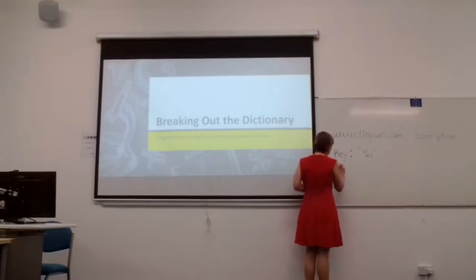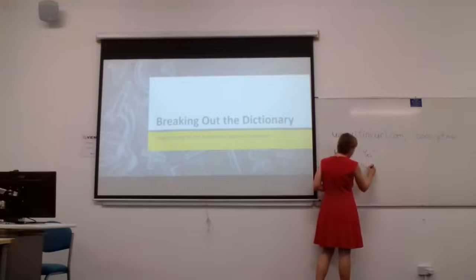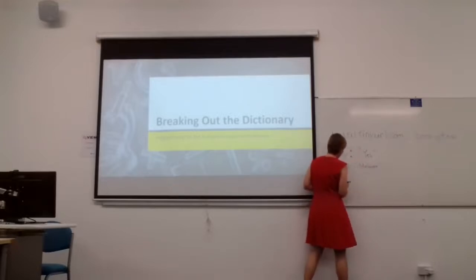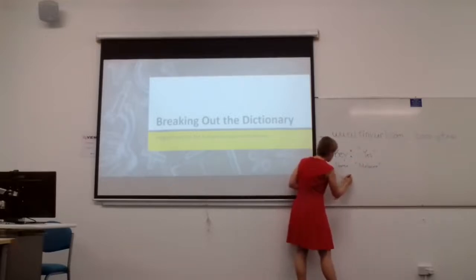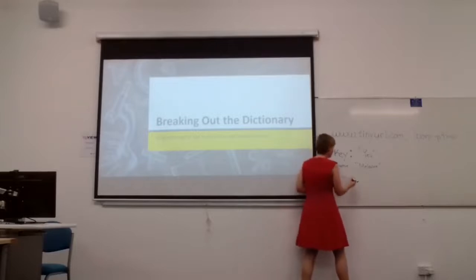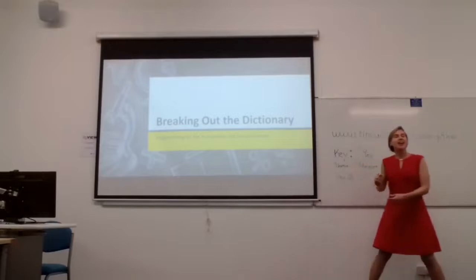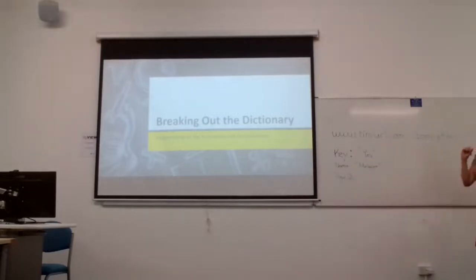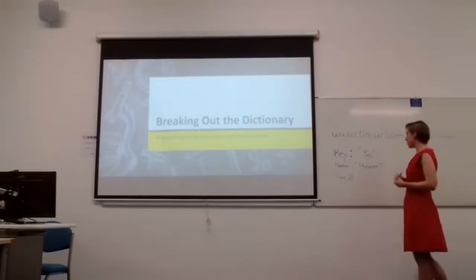So it might be name with a value, or it could be age. We're going to go with 21. Value to put next to it. It can be an integer, string, anything you want. And this way, when you're looking up data, you can say, look for the name value and tell me what its value is, as opposed to give me the 7th item in my list and tell me what the value is.